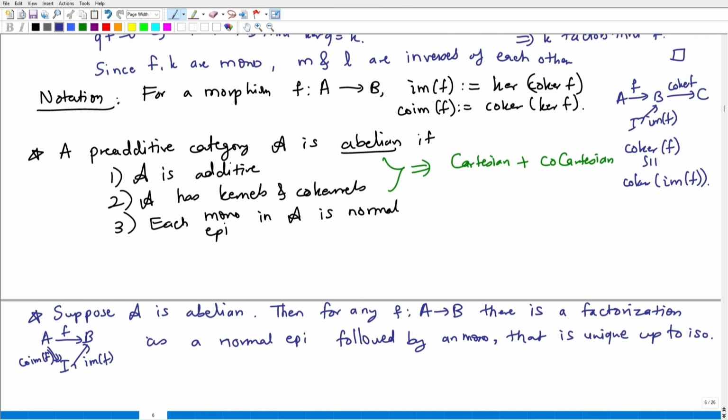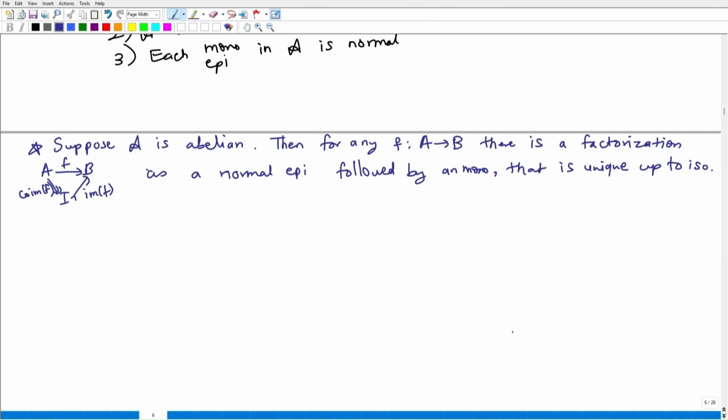Normality is not really required, but you can also prove one half of this result in a semi-additive category: a normal epi followed by a mono, with a pseudo epi beforehand. A pseudo epi is a morphism whose co-kernel is 0. So you can do it both ways. Normal epi followed by a mono. This was just an English problem. Thank you.